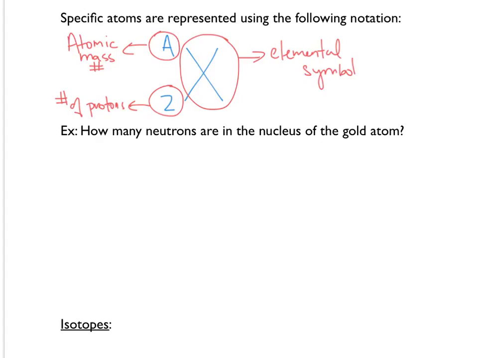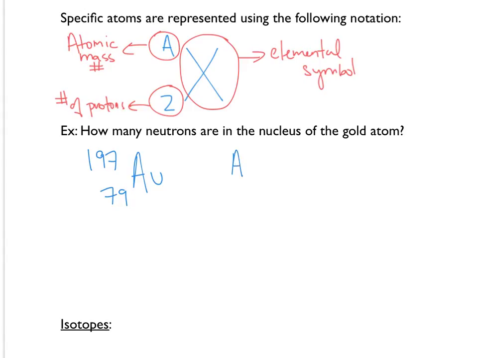So as an example, how many neutrons are in the nucleus of a gold atom? The gold atom has an atomic mass number of 197. The elemental symbol for gold is Au, and it has 79 protons.